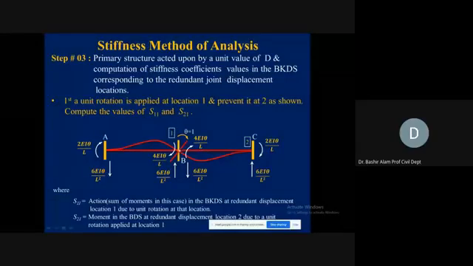So the action generated at the near end is in the same direction as that of the rotation, and its magnitude is 4EIθ divided by L. At the far end, it is shifted in the same direction. It was clockwise, so this is clockwise. Here too, it is clockwise, so this one is also clockwise. And it is shifted by half the amount. The carryover factor is half here. So instead of 4EI, we have 2EIθ divided by L.